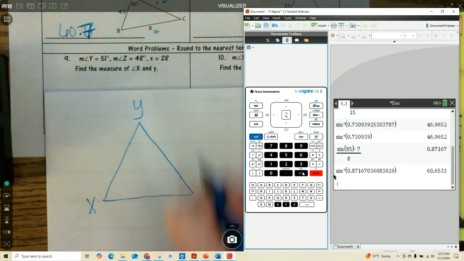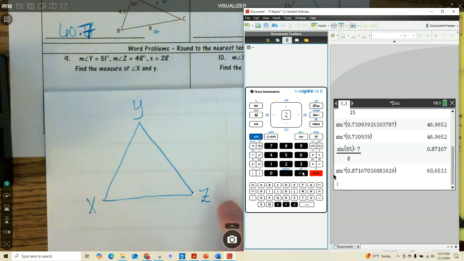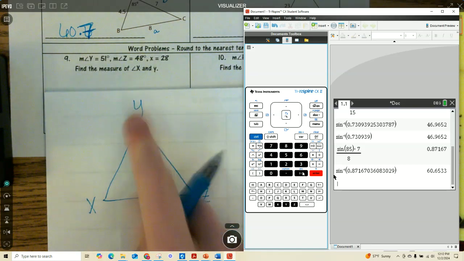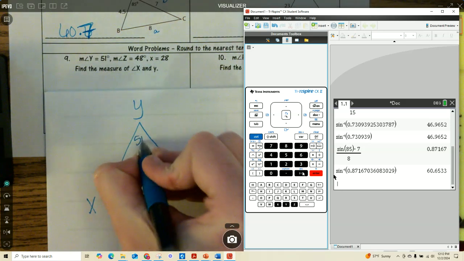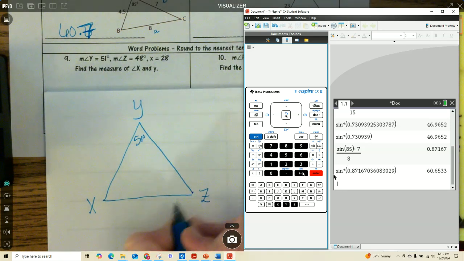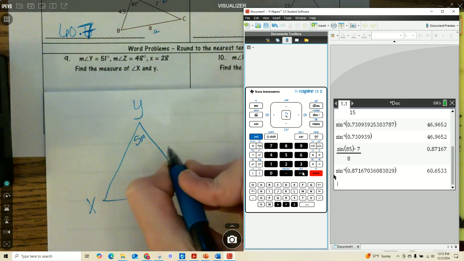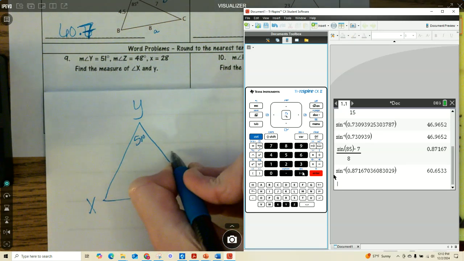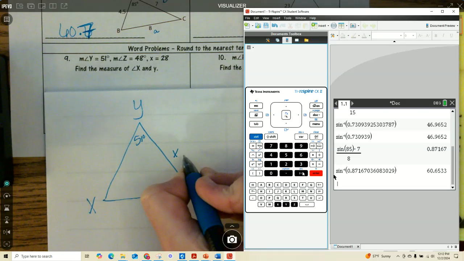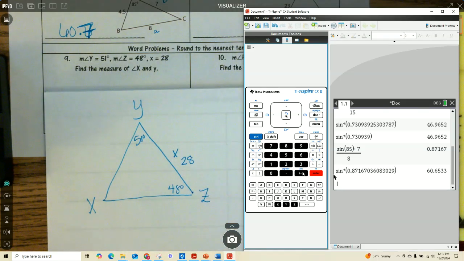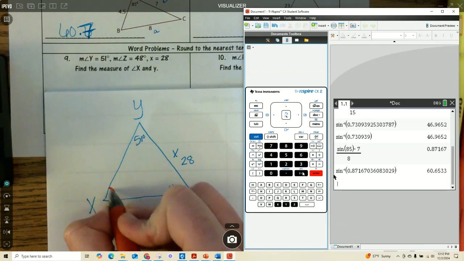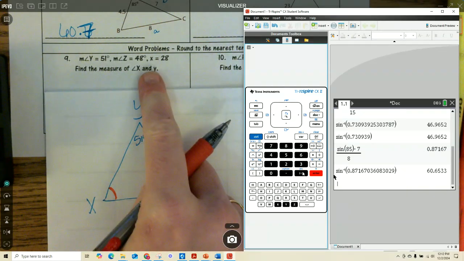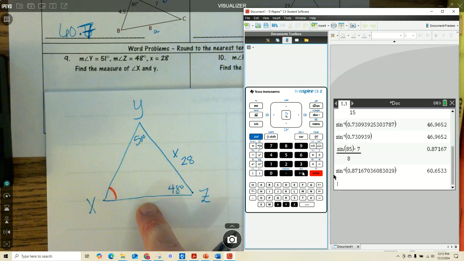Angle Y is 51 degrees. Angle Z is 48 degrees. Side X, little x, opposite the angle, is 28. It says find the measure of angle X, so that's this one, and find Y, so that's opposite here.